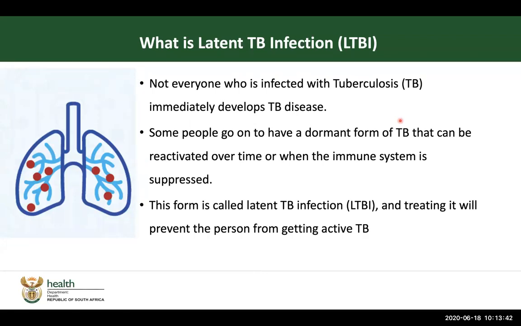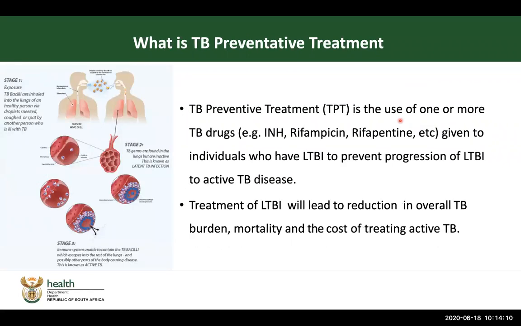So we want to build a case that in order for us to end TB, reduce the number of cases, but also to reduce deaths associated with TB, not only do we need to treat active TB, but it is also important for us to identify high-risk populations who might be having latent TB infection and ensure that they get appropriate treatment.